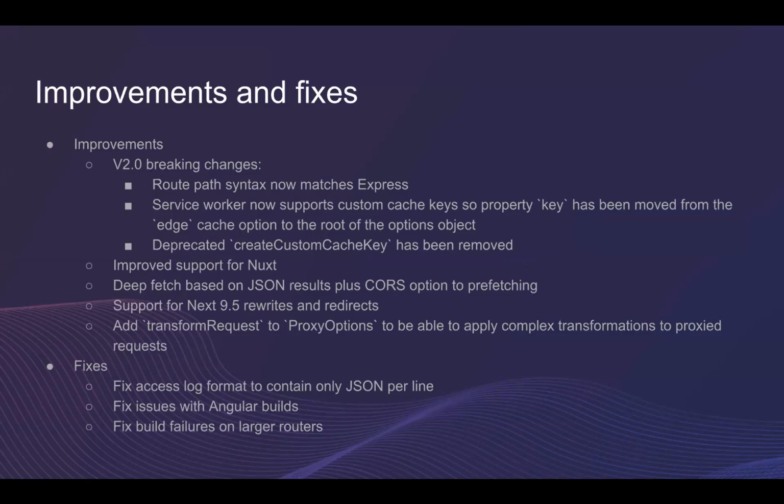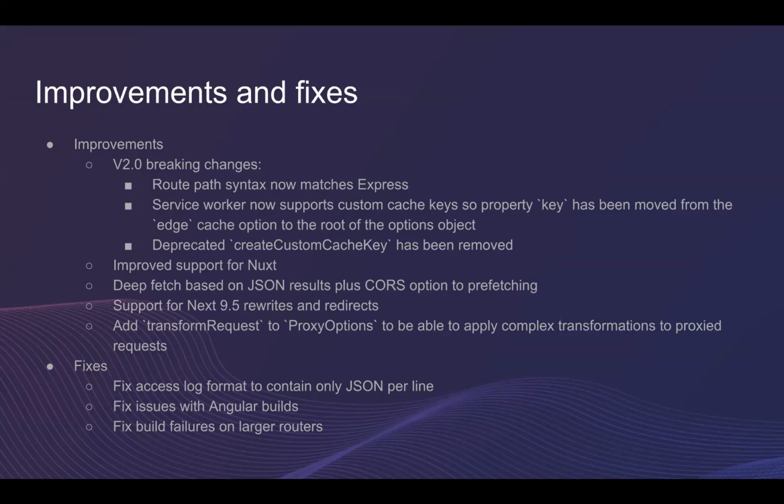So improvements and fixes, some of these got into 1.x, but most of them are for 2.x. The breaking changes in version 2: we switched to express route path syntax, and now we are compatible with that. Service worker now supports custom cache key.